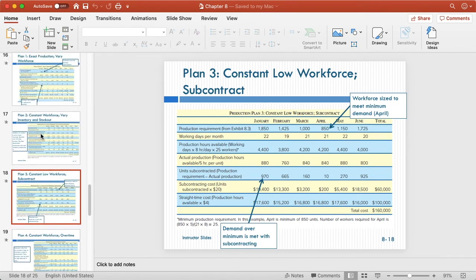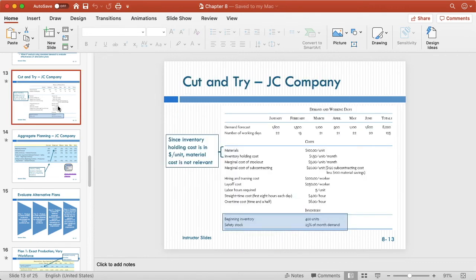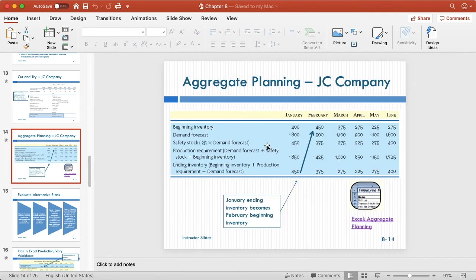Why April? Your criterion is constant low workforce, so you don't consider every month. You only consider the month that needs the lowest production requirement.